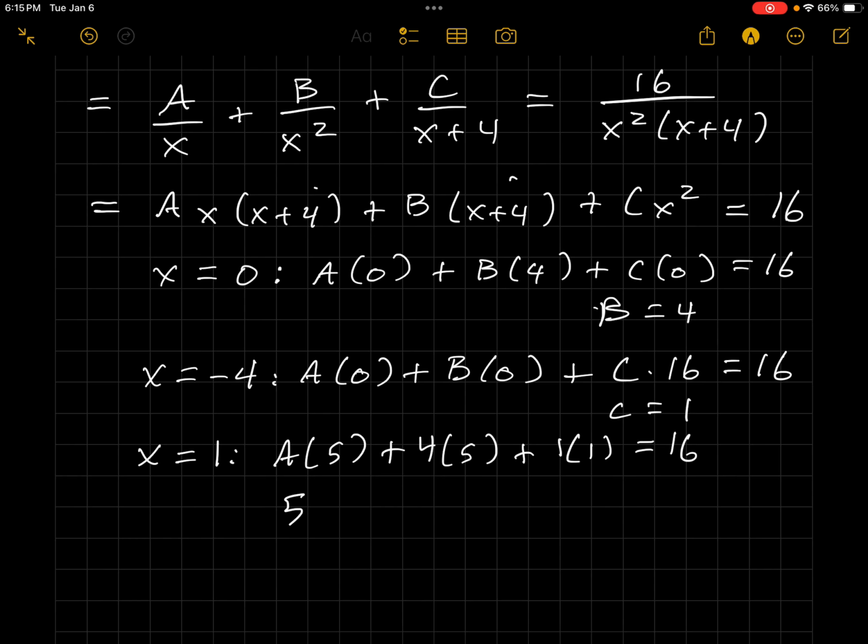So we get 5a plus 21 equals 16. 5a equals negative 5, or a equals negative 1.